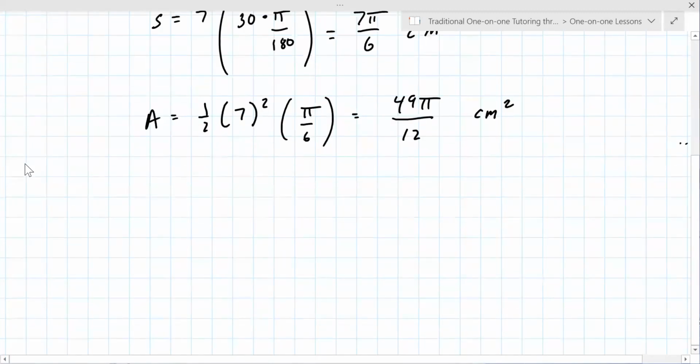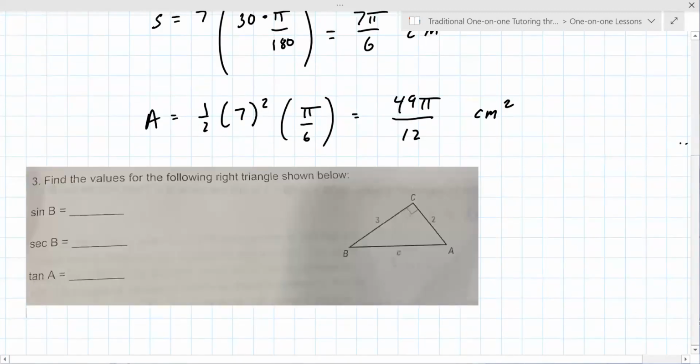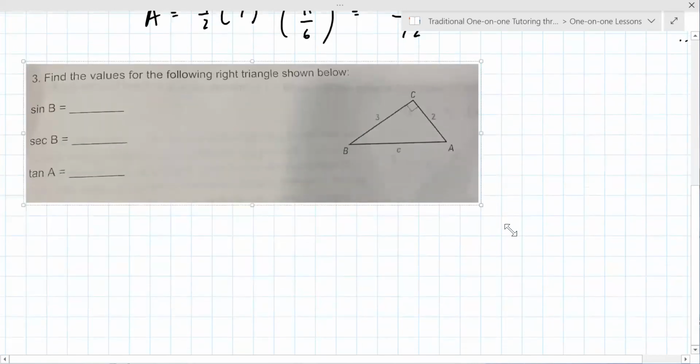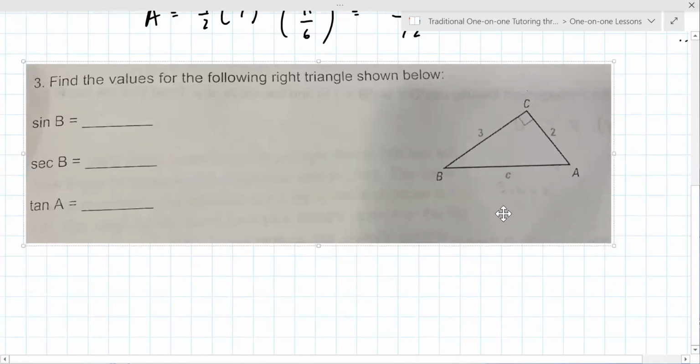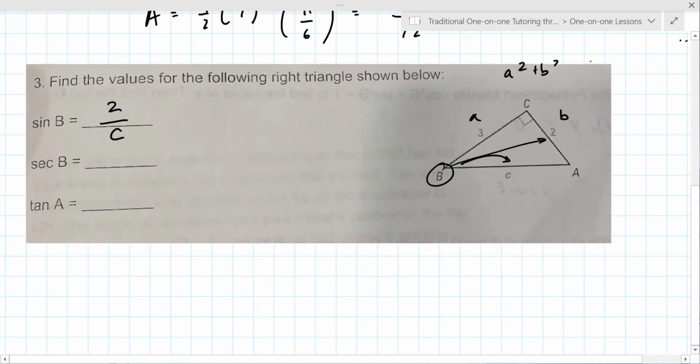All right, number 3, find the values for the following right triangles shown below. So you need all 3 sides. Here's B. It would be wrong to write 2 over C, because they actually want you to find C. So the way you find C is this is A and this is B, and A squared plus B squared equals C squared.